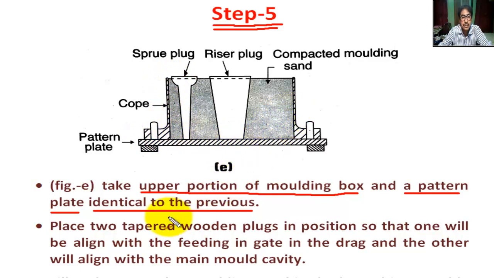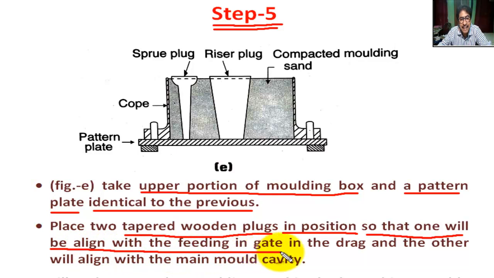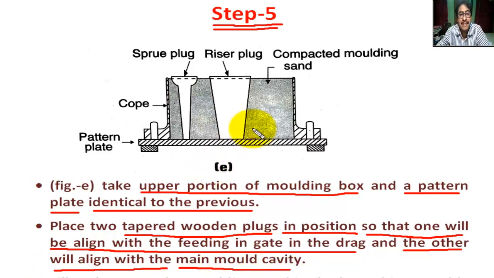This is the cope portion of the molding box. Place two tapered wooden plugs in position so that one will be aligned to the feeding gate in the drag, and the other will align with the main molding cavity.